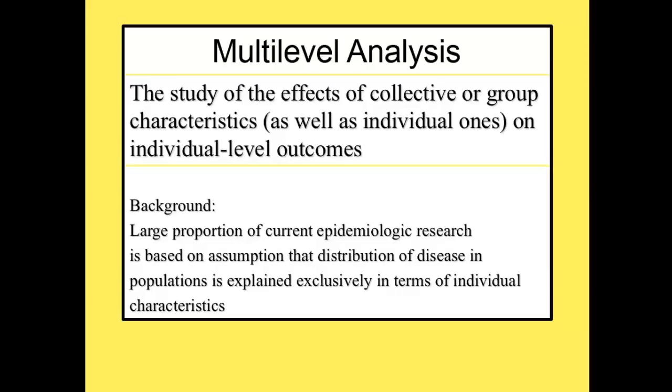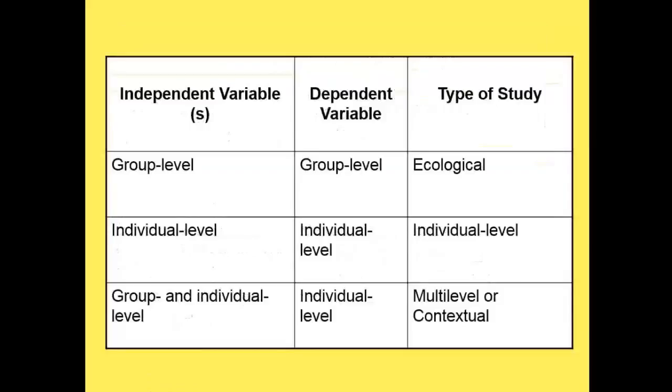So, as I say, a large proportion of current epidemiological research is based on the assumption that distribution of disease in population is explained exclusively in terms of individual level characteristics, but it doesn't have to be. It might be based on not only individual but other levels. And if it's based on other levels, then you're talking about a multi-level or a contextual situation.